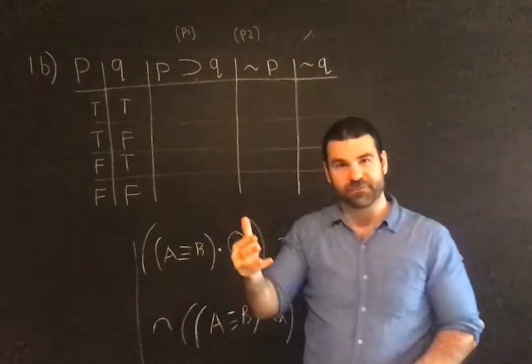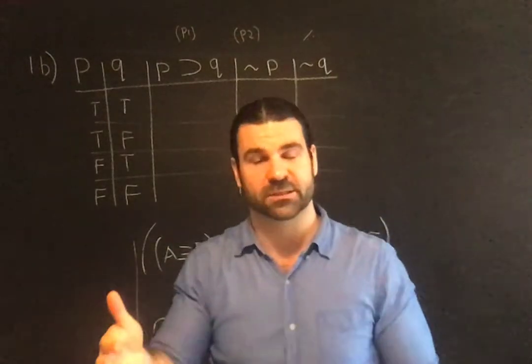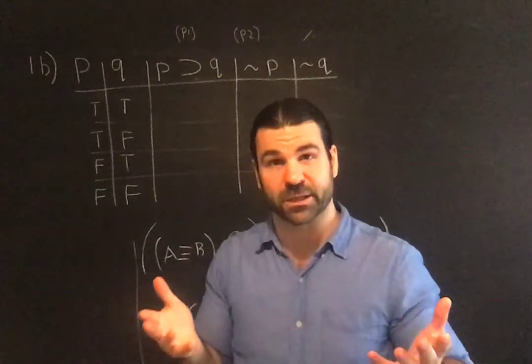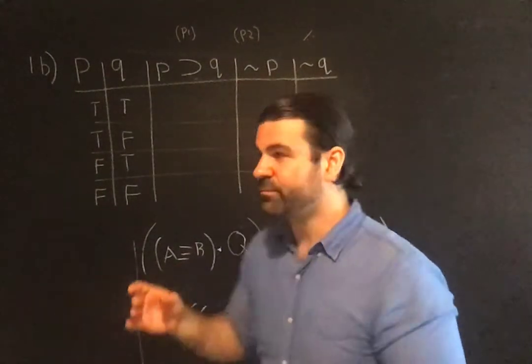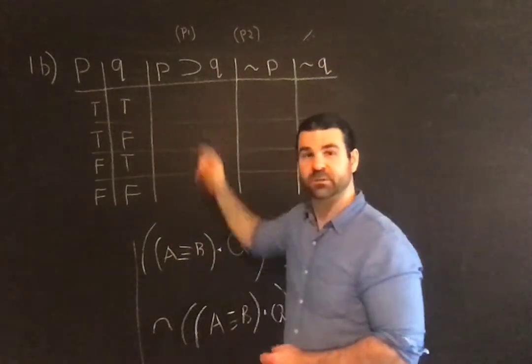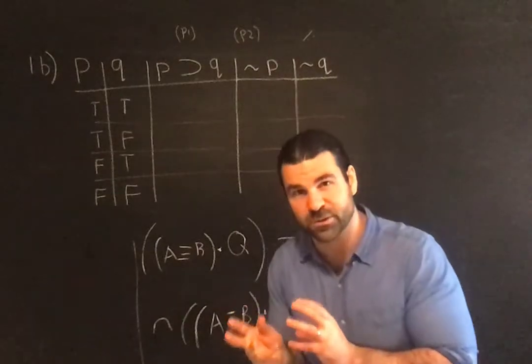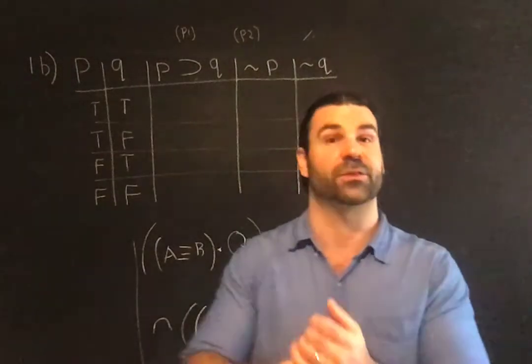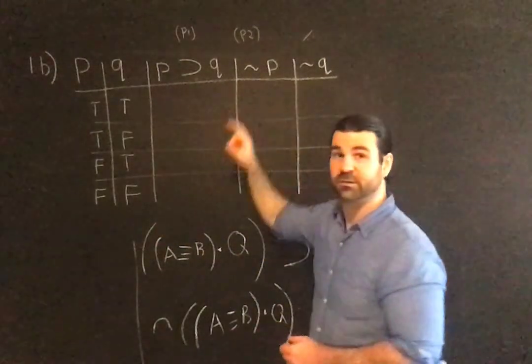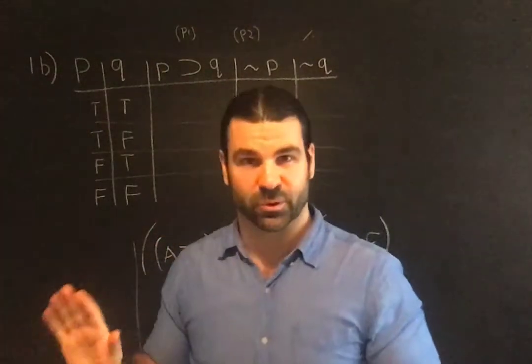And for every argument form we can test in sentential logic, that is also true. Every argument form is sentential variables combined with truth functional sentential operators. It's either a hook or a dot or a tilde, as in here, or a wedge or a triple bar.